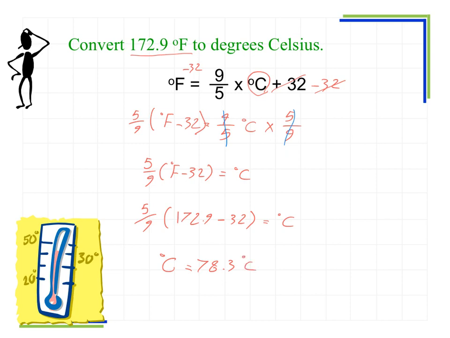So converting between Fahrenheit and Celsius, you have to memorize this formula. Between Celsius and Kelvin, it's easy. You just have to add 273.15 to degrees Celsius. So that plus degrees Celsius is Kelvin.